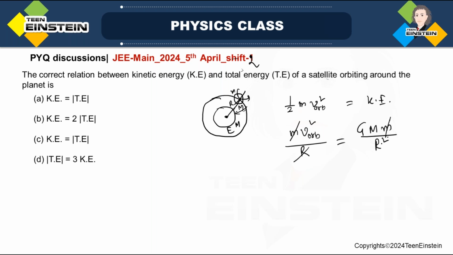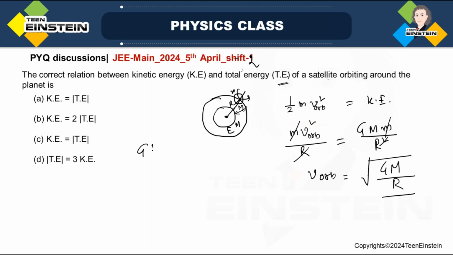So this is actually the orbital velocity. And what is the potential energy then? This is total energy, right? Total energy means kinetic energy plus potential energy. So what will be the potential energy?